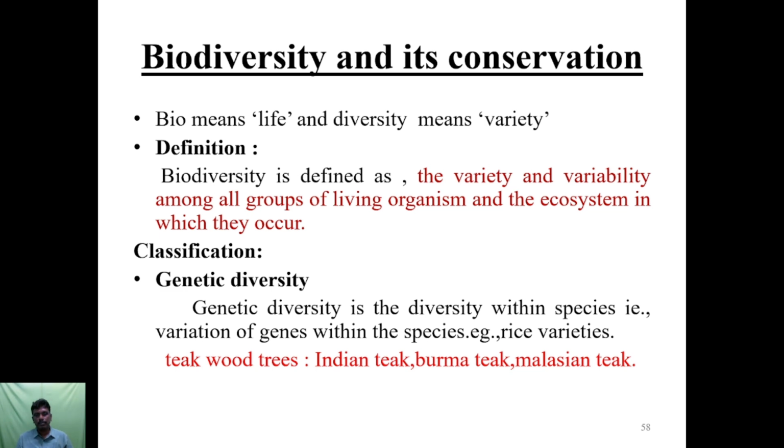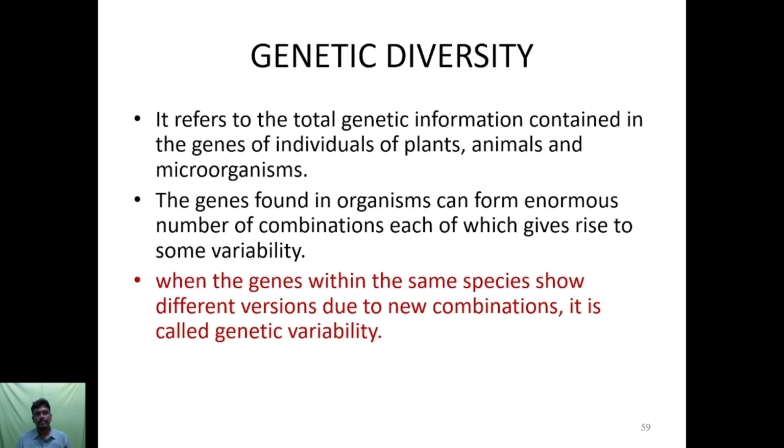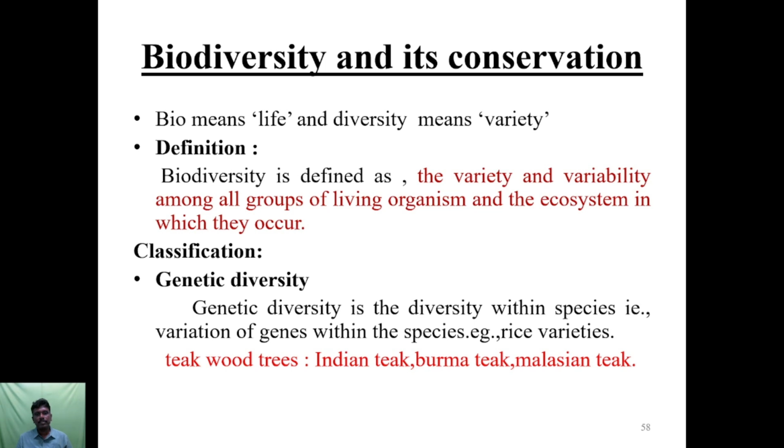So these are mainly classified into genetic diversity. First one is genetic diversity. It is the diversity within the same species. That is variation of genes within the species. Example, rice varieties.